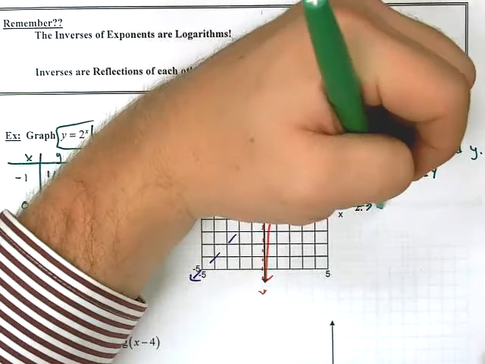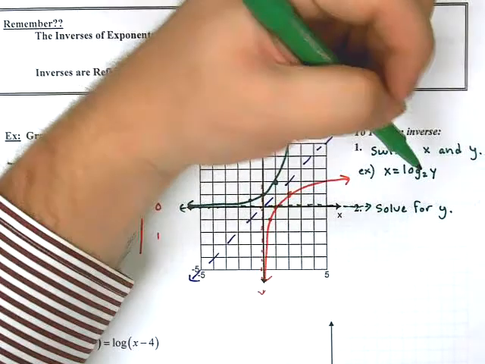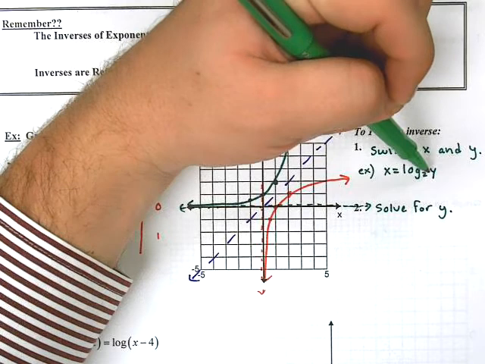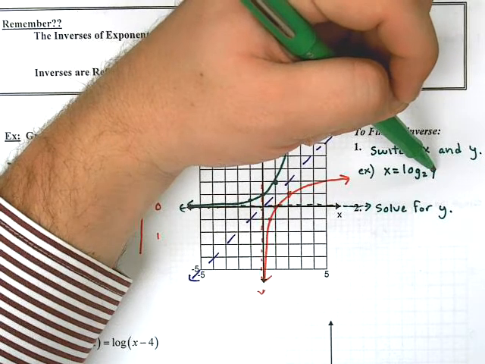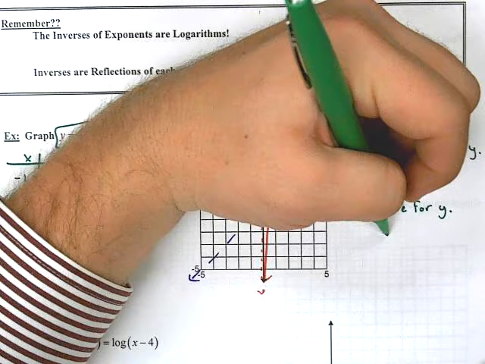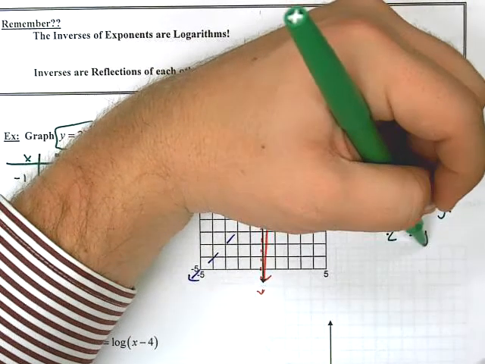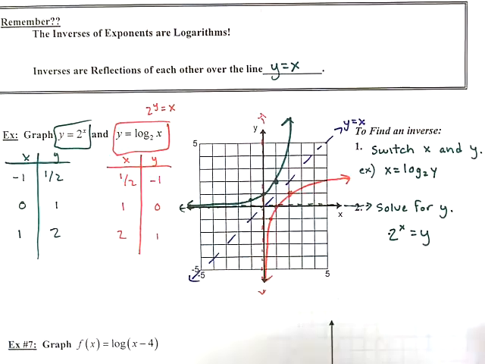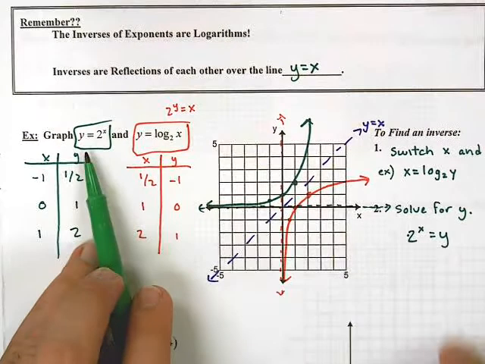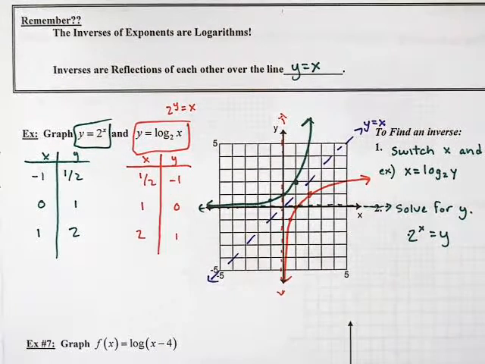And then I would solve for y, which means, oh, right now I have a log. The variable I want to solve for is stuck in the argument, which means I would need to log circle. So how would I do this? It would be 2 to the x equals y. And oh my gosh, that's exactly what I got over here. That means that these two things are inverses of each other. Okay?